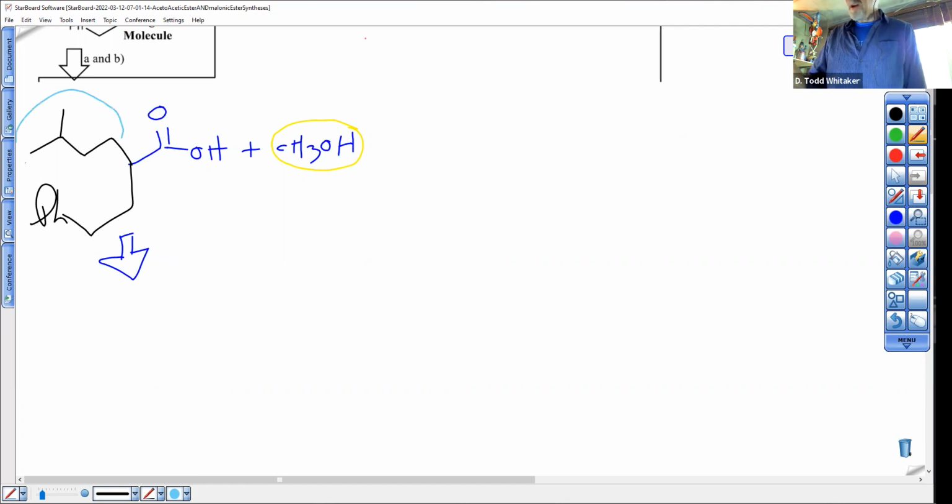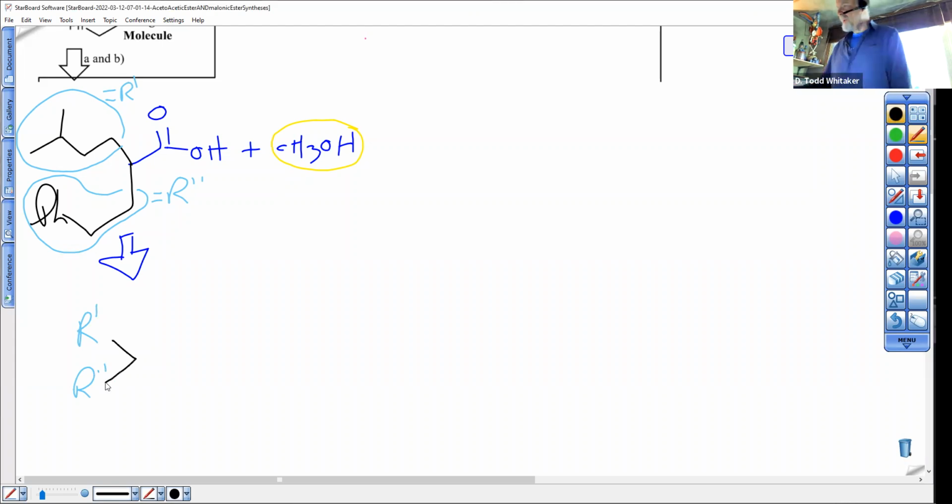So everything here, R prime, and this homobenzylic group are double prime. So we have R prime and R double prime attached to a carbon that had two carboxylic acids.